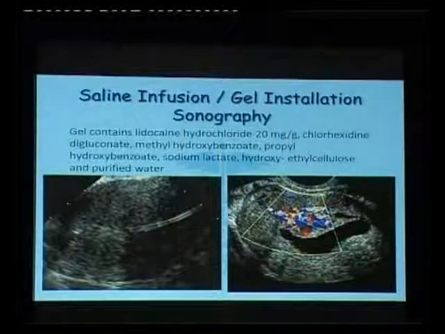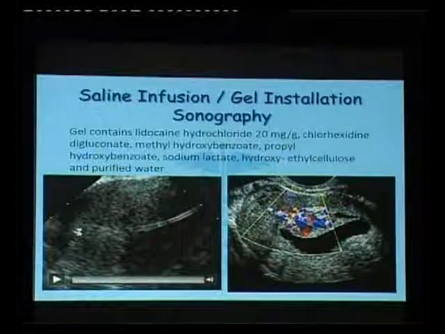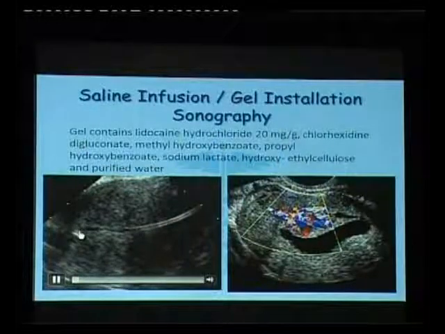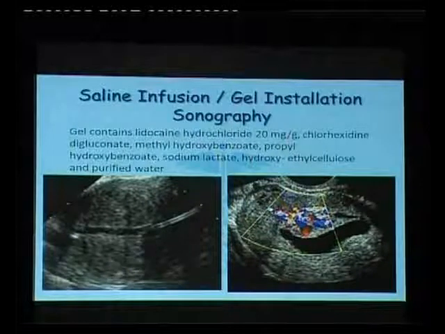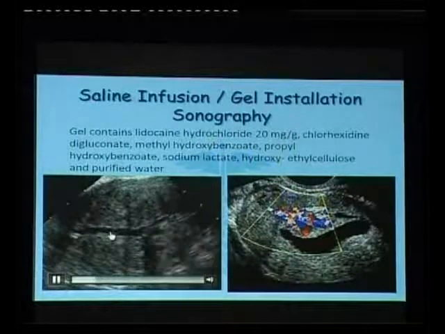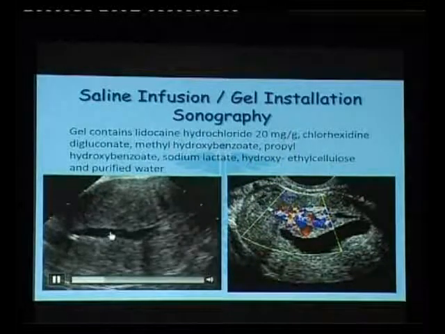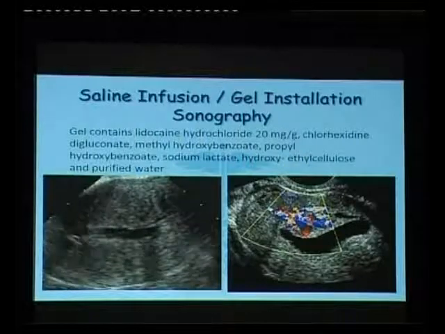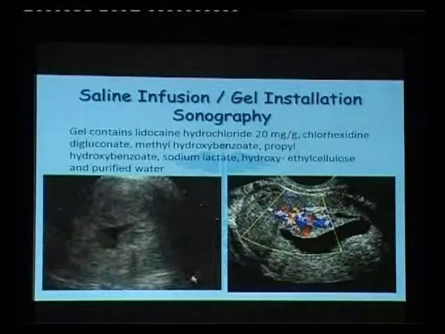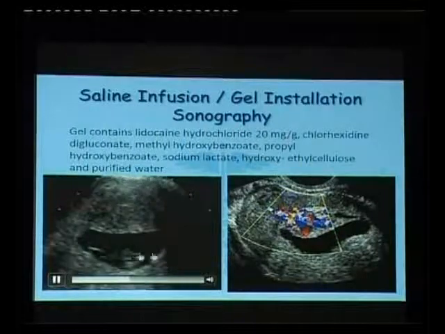Then we have saline infusion sonography, which can reveal the nature of the cavity. In this particular one, we introduced the catheter and started putting saline into the cavity, and you can see that the cavity is getting filled up with fluid, and now you can gradually see a mass very clearly.